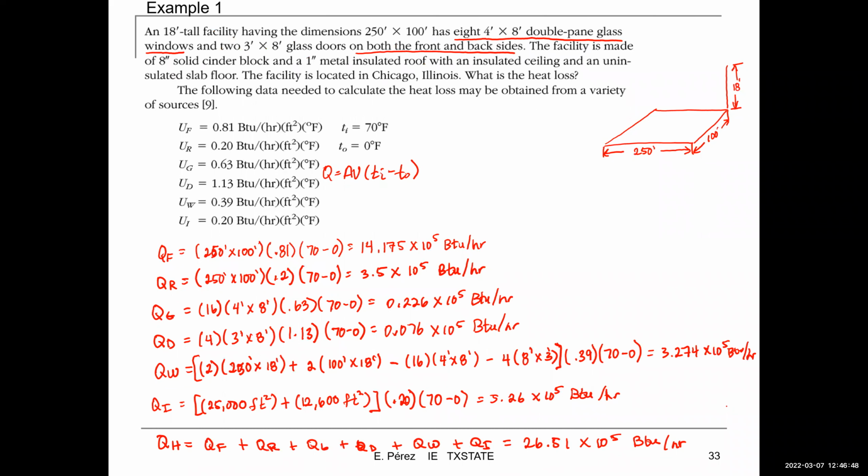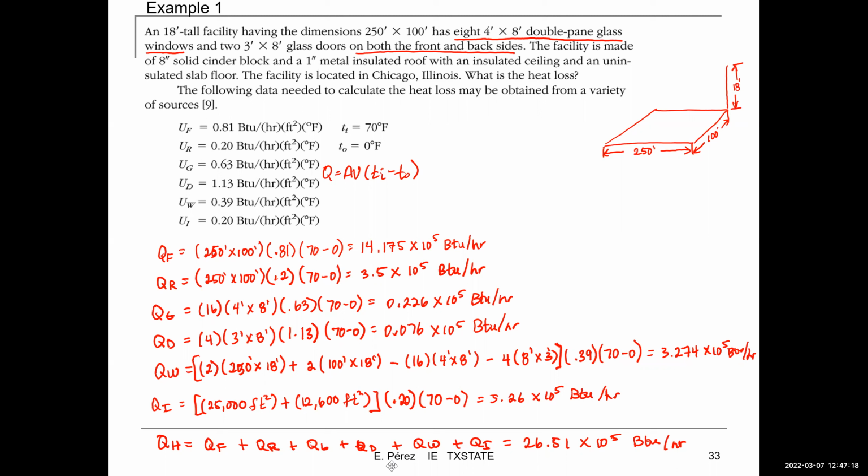So this is the example that we started and discussed last time. This is for the heating. We have a facility, and as you can see here, we have information about the size of the facility, the height, 8 4x8 double pane glass windows, and 2 3x8 glass doors on both the front and back sides.